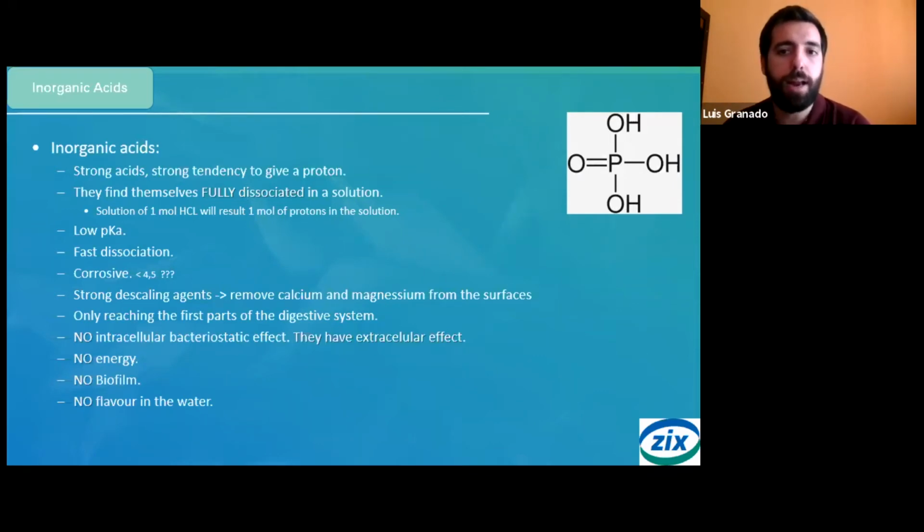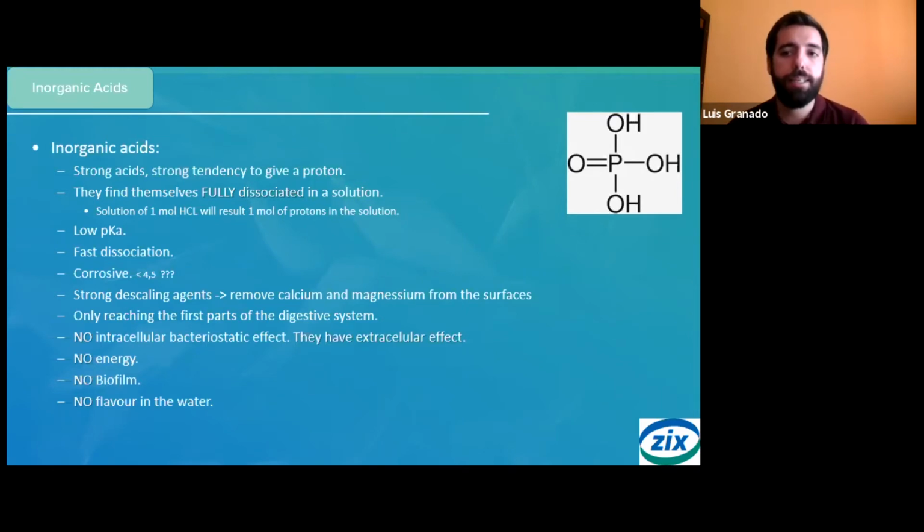It means that the balance between the dissociated form and the not dissociated form will happen at a very low pH, and therefore it has that great tendency to release the hydrogen protons, which are the ones acidifying the environment, right?